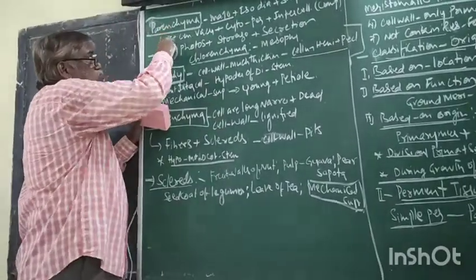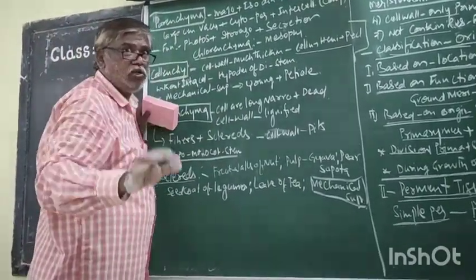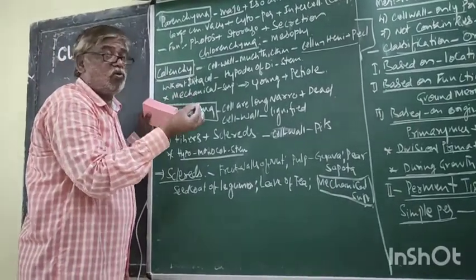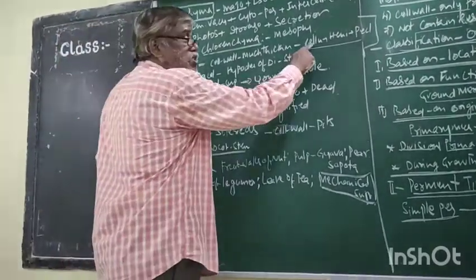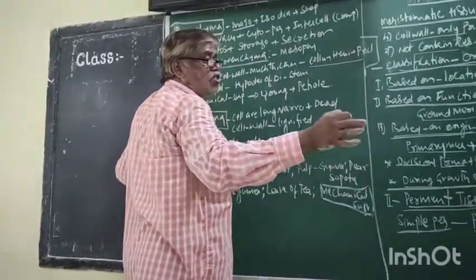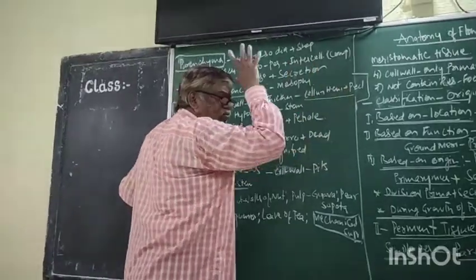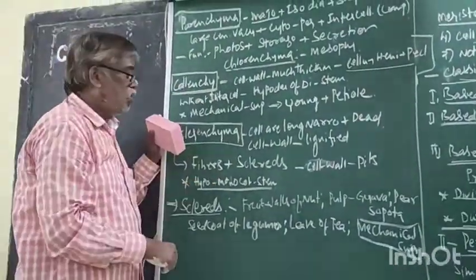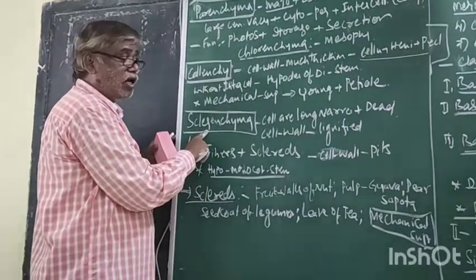The cell wall of parenchyma is only cellulose. The cell wall of collenchyma is made with cellulose, hemicellulose and pectin. If the cell wall is made with pectin, blindly, it is collenchyma. Now what is another one? Sclerenchyma.